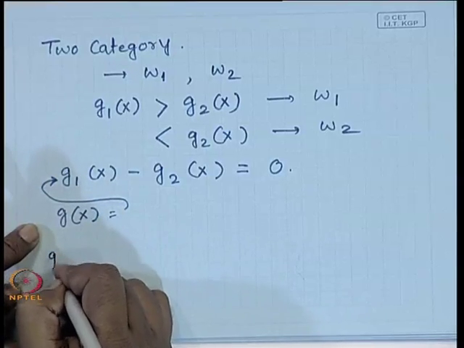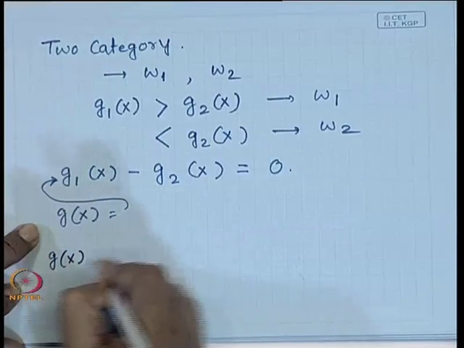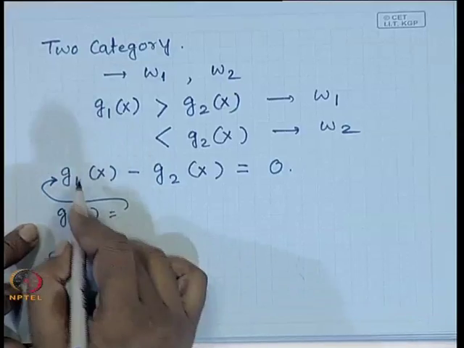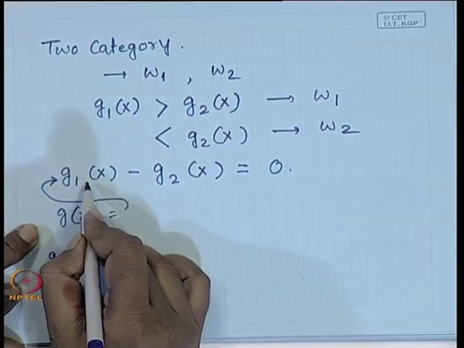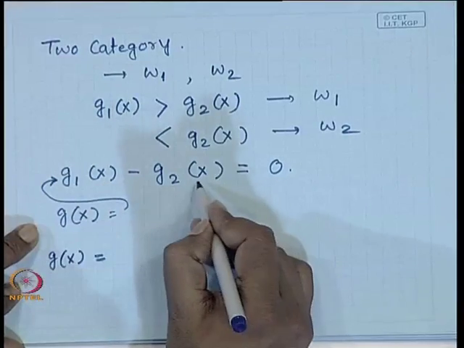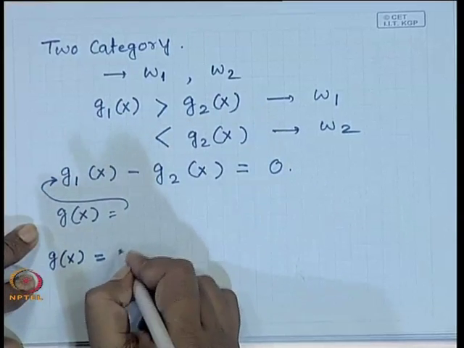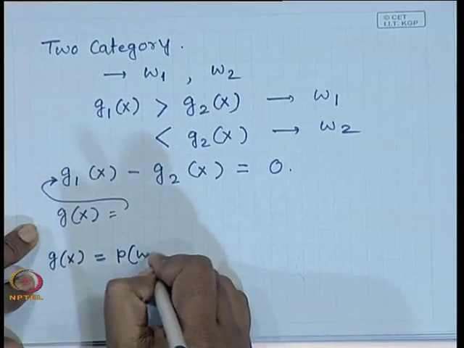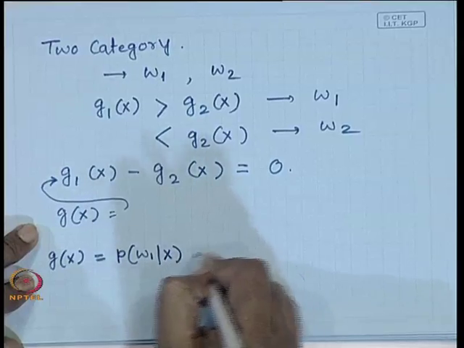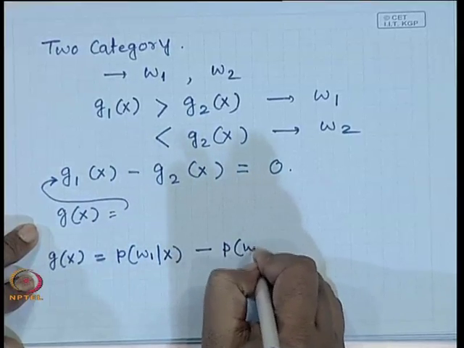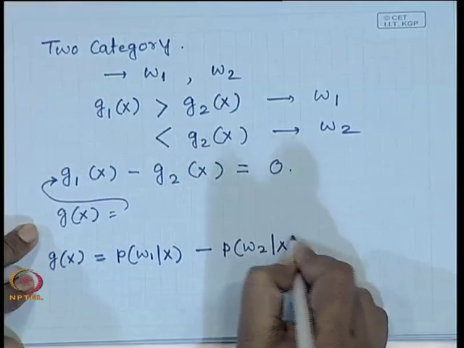And from here, by applying the same concept of logarithm, this discriminant function can now be written as follows. If I use g_1(x) to be P of omega 1 given x and g_2(x) to be P of omega 2 given x, then g(x) becomes P of omega 1 given x minus P of omega 2 given x.